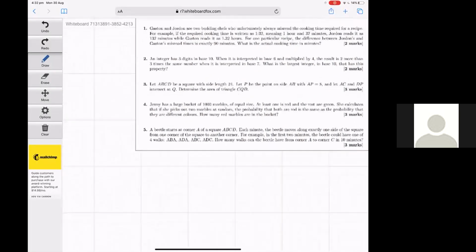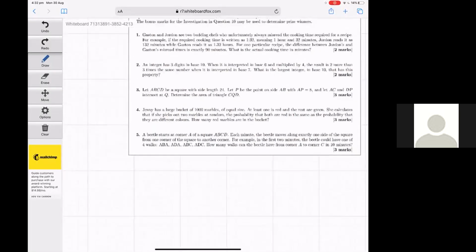So just for example, one of the times which they misread was 1 hour 32 minutes, which is 92 minutes.